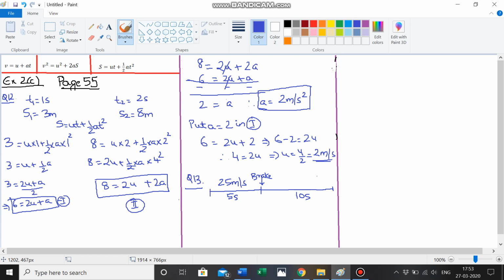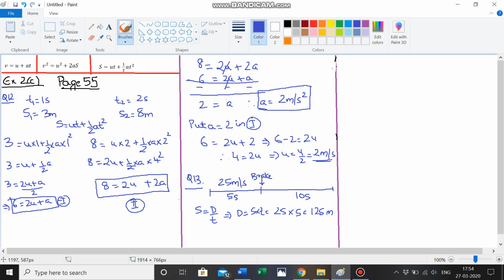So the question is the distance which the car travels before the brakes are applied. Since it's a uniform velocity, I know speed is equal to distance upon time, which means distance is equal to speed into time, which means speed is 25, time is 5, so the distance is 125 meter.